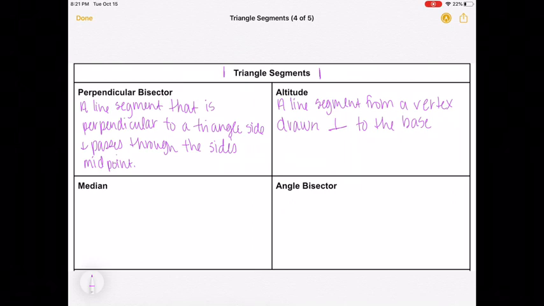And the base is going to be the longest side. I'll write that. And the altitude gives the height of the triangle.